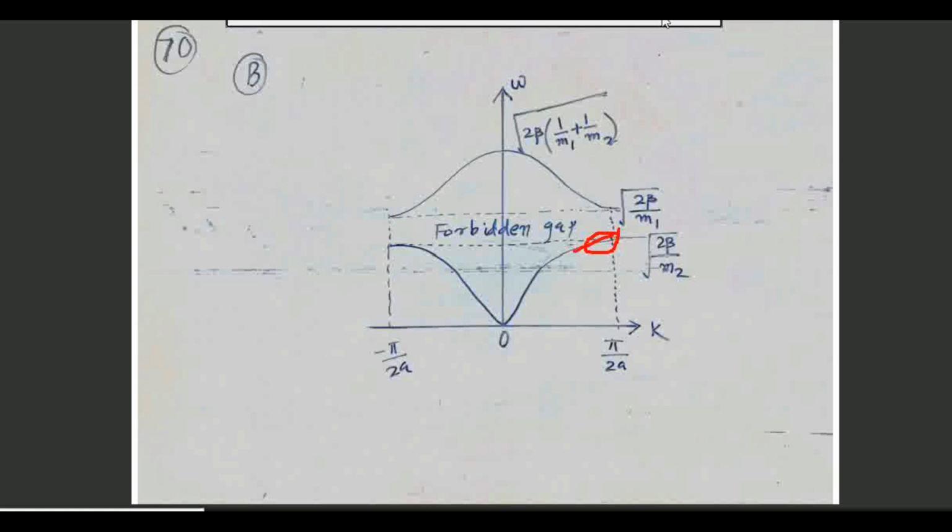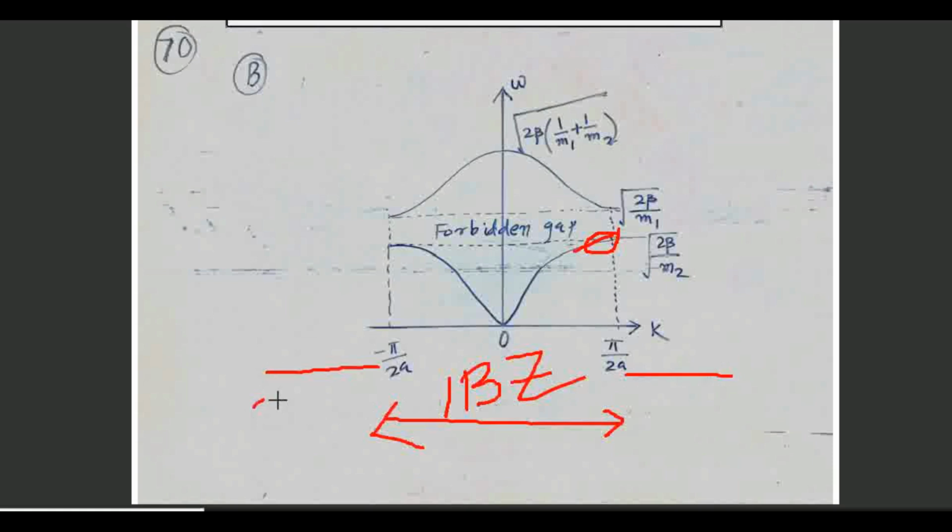But you know that this is the range of the first Brillouin zone, and this range is from minus pi by 2a to plus pi by 2a. After this range, the second Brillouin zone starts, on this side also and this side also.